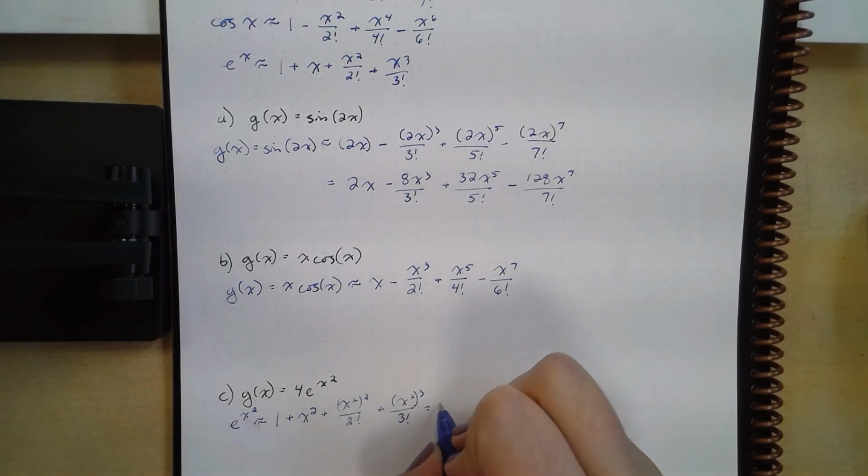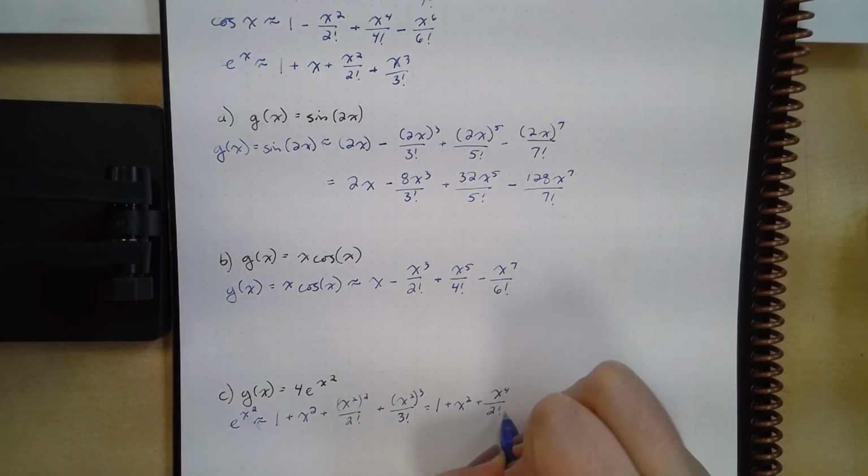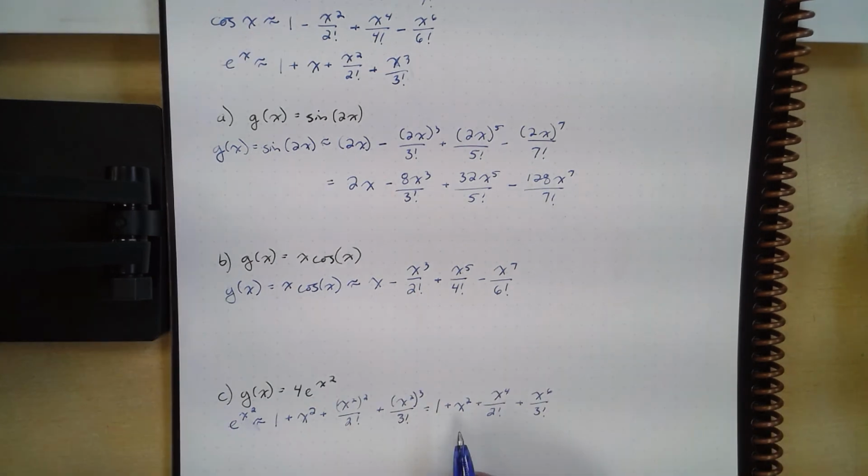And that's, of course, equal to 1 plus x squared plus x to the 4th over 2 factorial plus x to the 6th over 3 factorial. Okay, so we've got that.